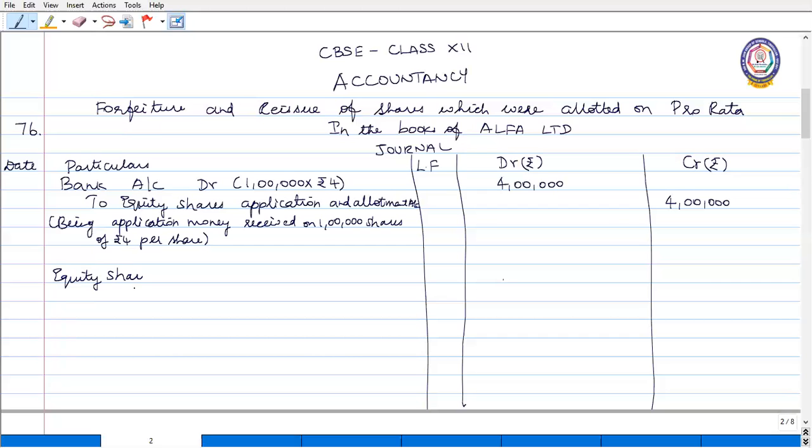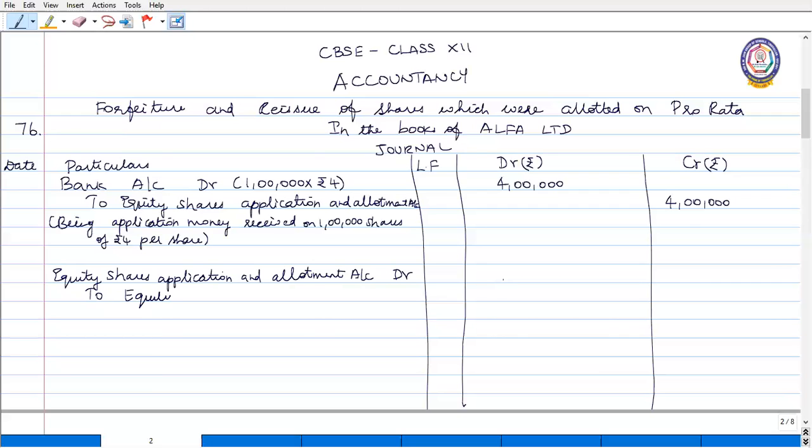So equity shares, application and allotment account debit to, we are supposed to allot only the issued number of shares.